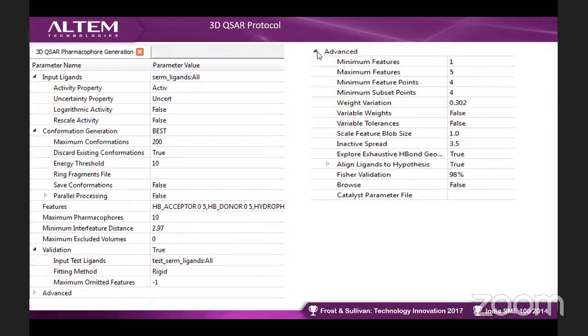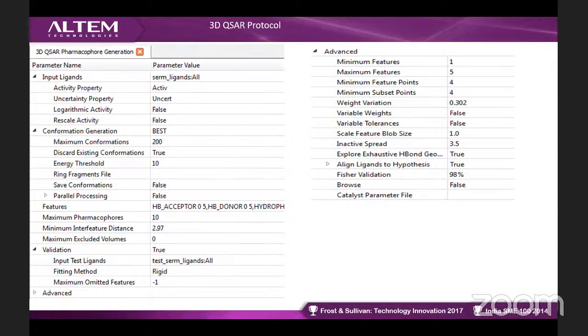This is a multi-optimization technique, which means you have to keep an eye on all the parameters. One parameter may lower your regression score. That is the research we'll be doing in a 3D QSAR Pharmacophore.